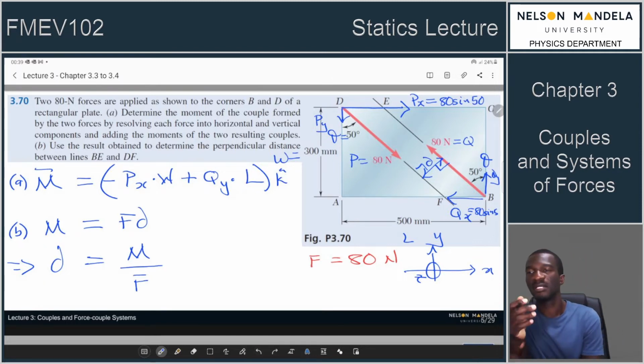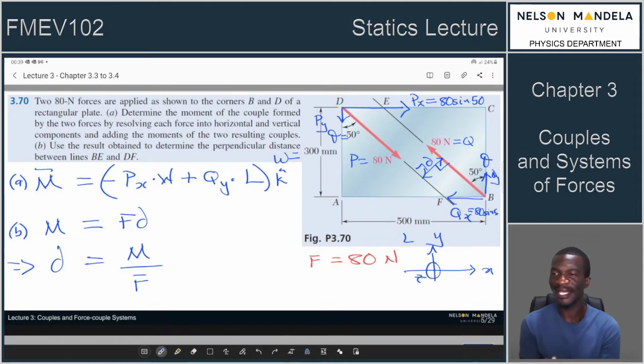So which means you can find the distance from the moment. Basically what we are doing here was to take a case where we have two forces. We resolve them into the X and Y orientations or directions, just so that we can easily find a perpendicular distance. When we looked at the P in the X and the Q in the X, they form a couple because they have the same magnitude but different directions. Their distance between the two was 300, so that's the width.